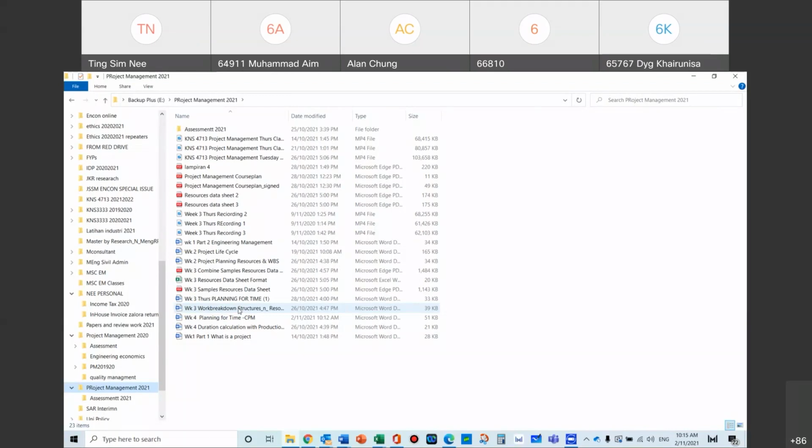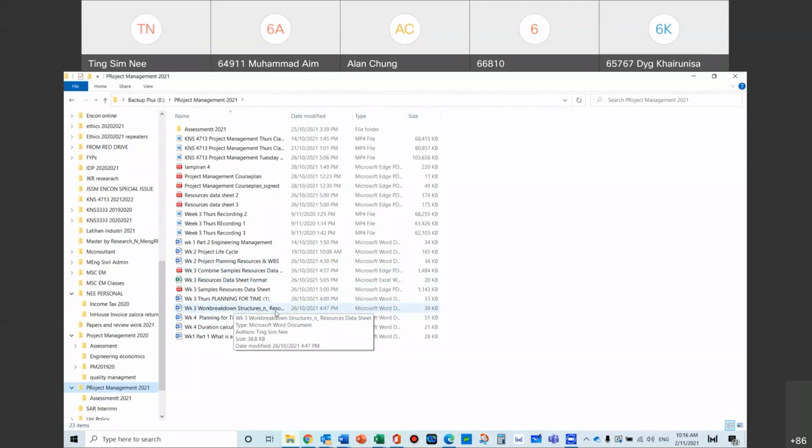So at the end of week 2 and beginning of week 3, we have been talking about work breakdown, how to do resources planning and how to create a resources data sheet. At the end of week 2, we talk about planning. You can see my screen, right? So we are talking about project planning and resources, and then at the beginning of week 3, we talk about work breakdown and resources.